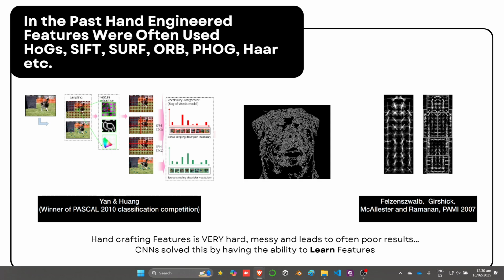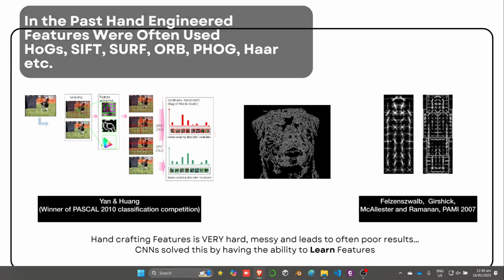As I said, handcrafting was hard, messy, and in most cases often led to poor results. So CNN solved this problem by having the ability to learn the features themselves, which was a godsend for us. And it basically created a revolution in computer vision.